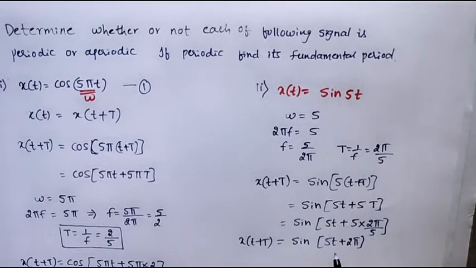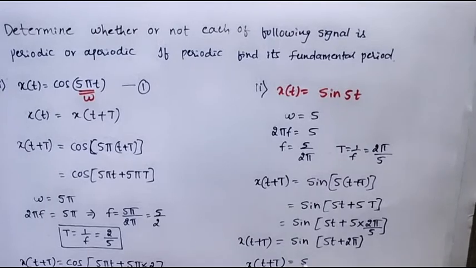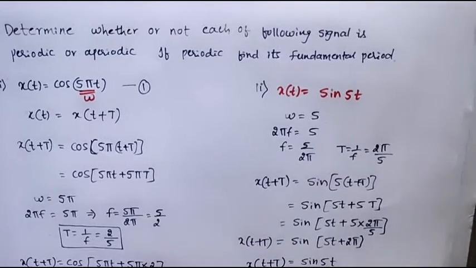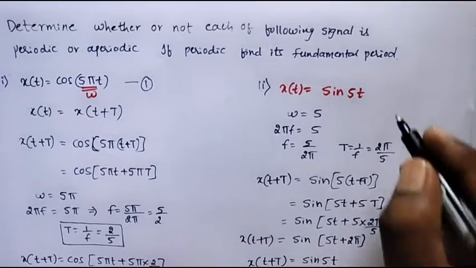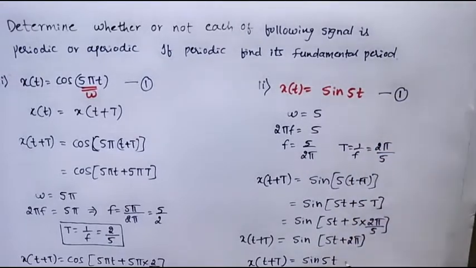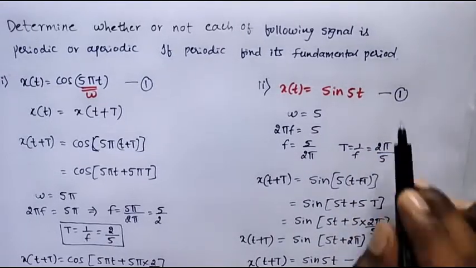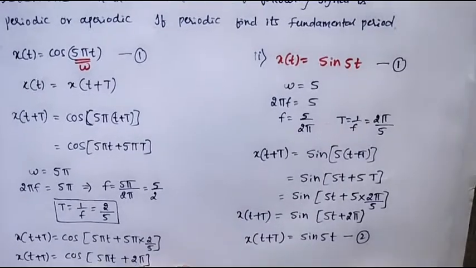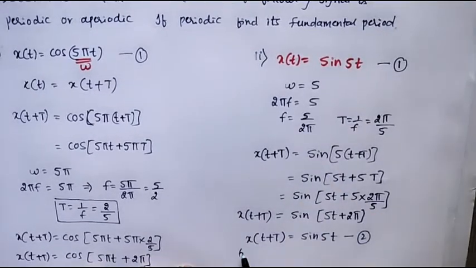We know that sin theta plus 2 pi is nothing but sin theta. Therefore x of t plus T is equal to sin phi u t. We call this equation number 1 and this equation 2.